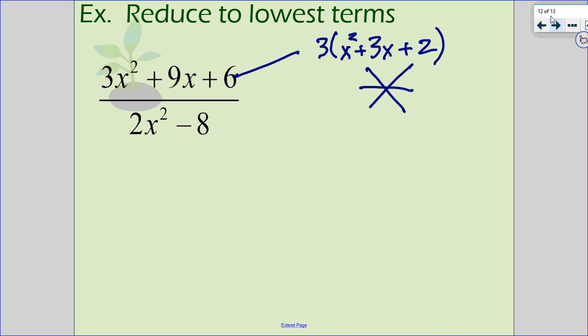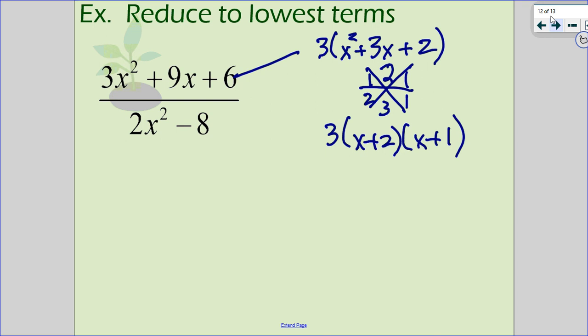In other words, it's an x squared, and you can snowflake x squared. 2 and 1. So this is 3 times x plus 2 times x plus 1. Does it matter which side you say? It does not, because you can multiply in any order. In other words, x plus 2 times x plus 1 is the same as x plus 1 times x plus 2.